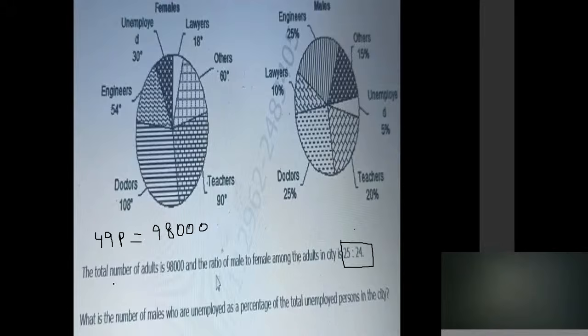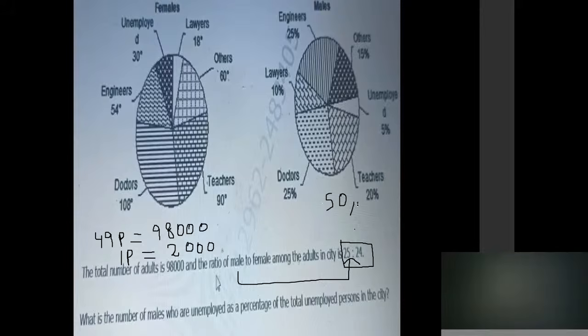49 parts equal to 98,000, so one part value is equal to 98,000 by 49, which is equal to 2,000. When one part is equal to 2,000, 25 parts means male, so it is equal to 50,000.